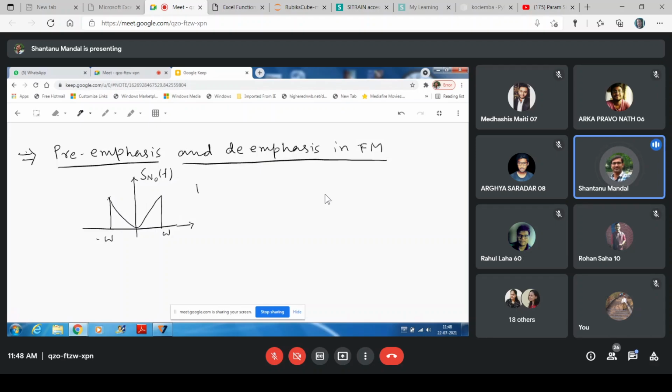So this is the PSD of noise, S of N(f), from minus W to W. And if we see the PSD of the signal, then you can see this. So this is the PSD of the message signal, S of M(f), from minus W to plus W.